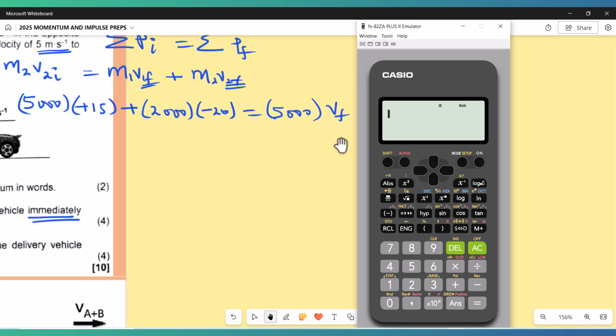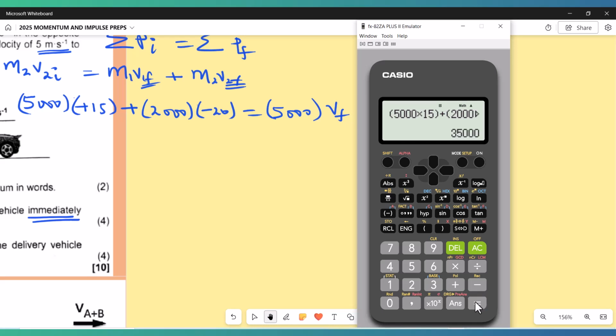I have 5,000 multiplied by 15, plus open bracket 2,000 multiplied by negative 20, which gives us negative 35,000.